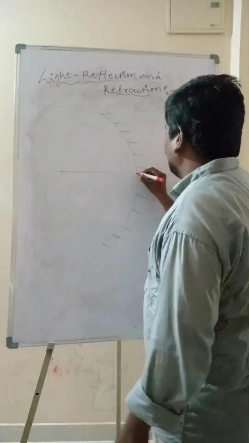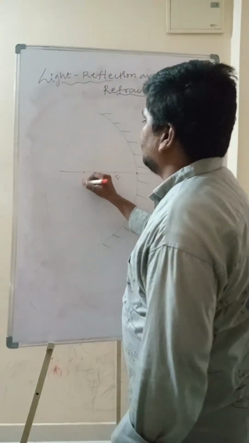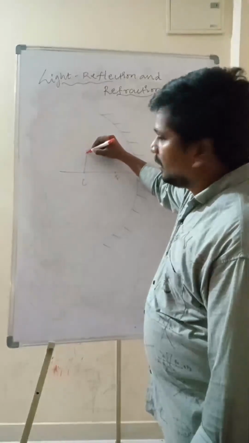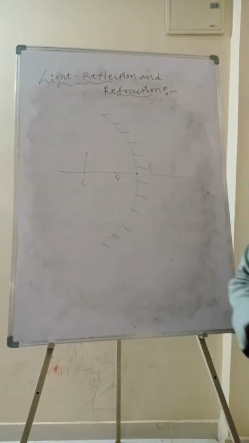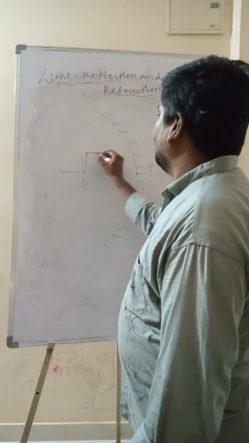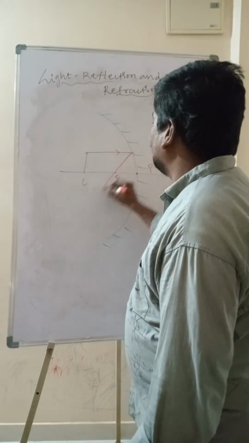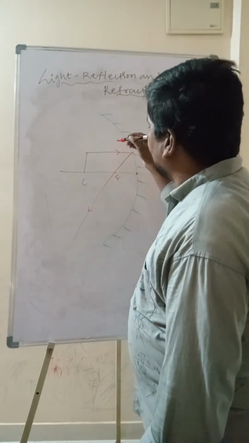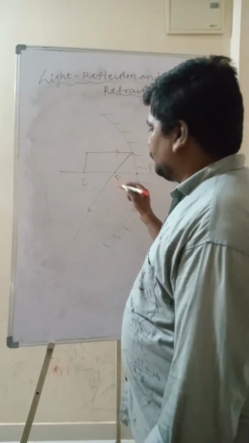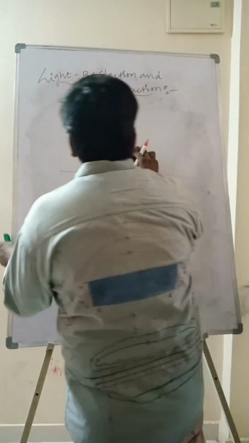So here: pole, focus, center of curvature. One light ray I am taking like this. After reflection it passes through the focus. So for another light ray, we can consider it at the pole.